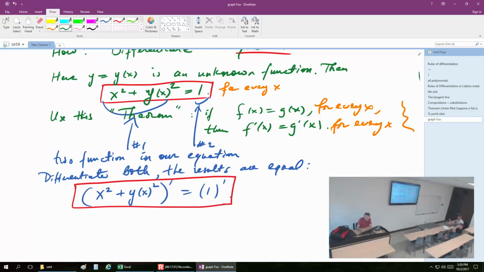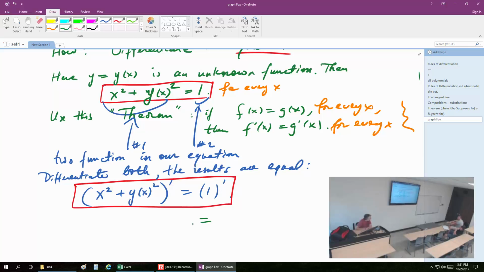So let's start with the easy one. What's happening on the right? Shouldn't it just be 1? No. The derivative of 1? Does that say that x equals 1? No, it's a function.